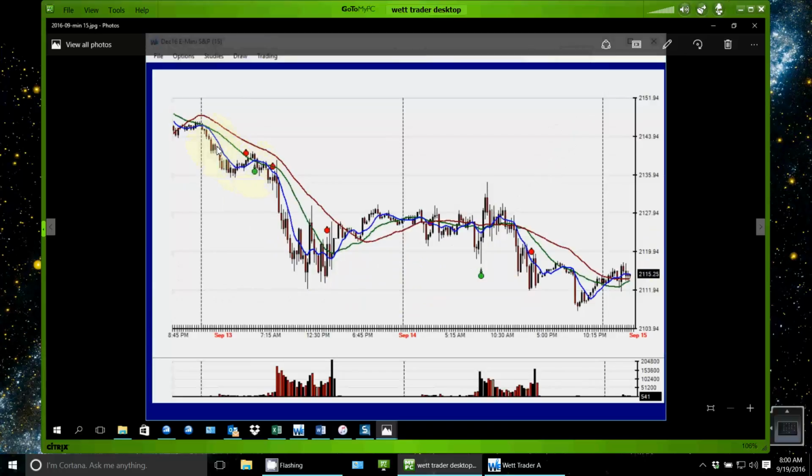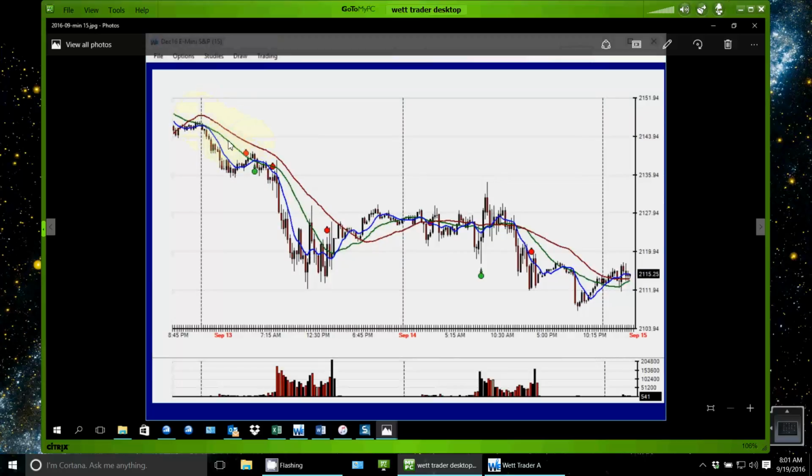Now, this is based on a software moving average, which you can choose depending on your education in trading and your experience. This is a 21 moving average, the green one, and the 40 is the red one.